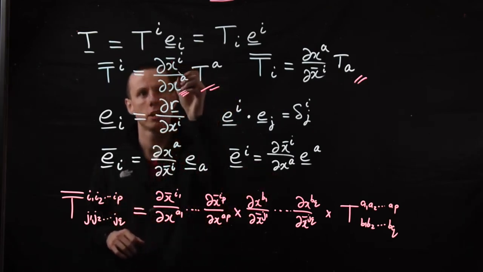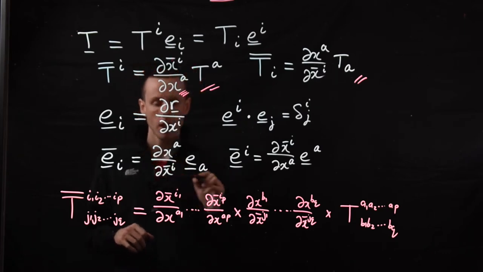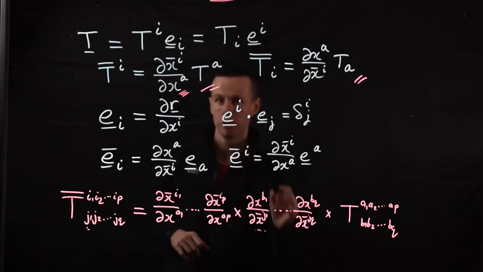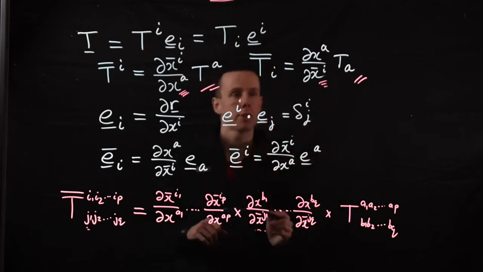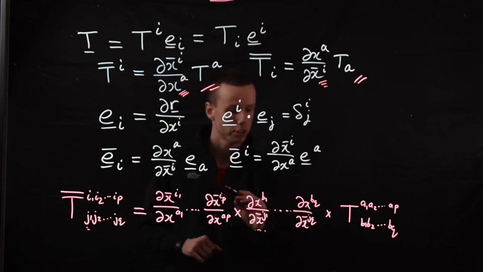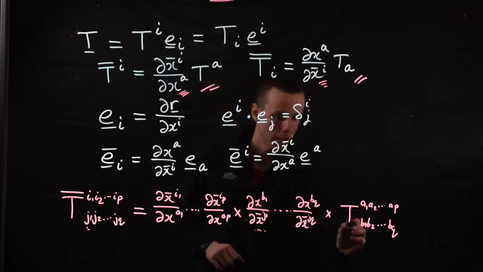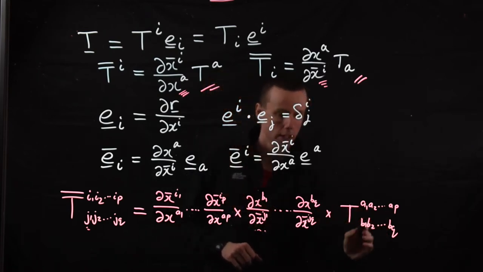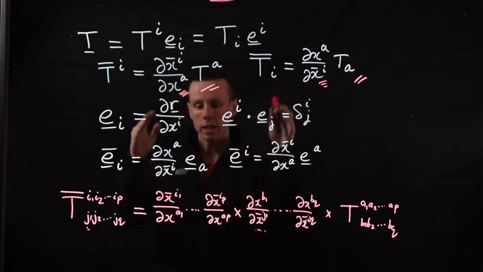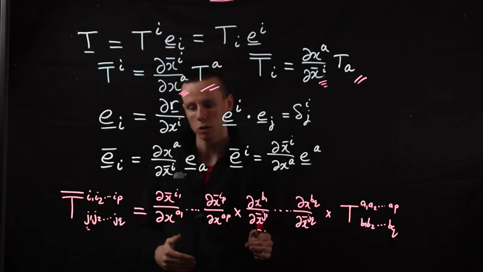So the bar is on the top x, and then for each covariant index you get a partial derivative that looks like this one, that comes from the covariant vector transformation law with the bar on the downstairs x. And then at the end of the day it gets multiplied by t with some dummy indices. Okay, so that's all of the transformation laws.